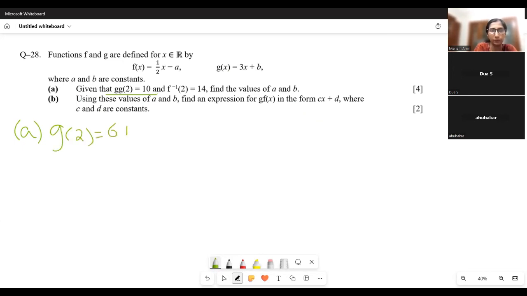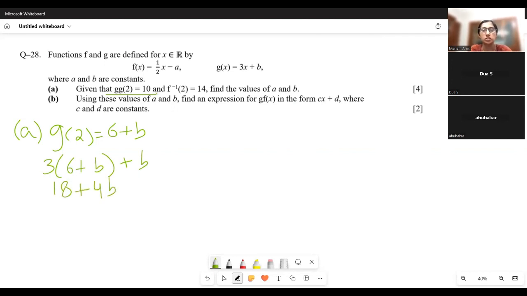That is going to be 6 plus b. And then gg(2) would be, in g, you have to substitute the value of g(2). So in function g(x), instead of x, you substitute 6 plus b. So 3 times (6 plus b) plus b. So that is 18 plus 4b.